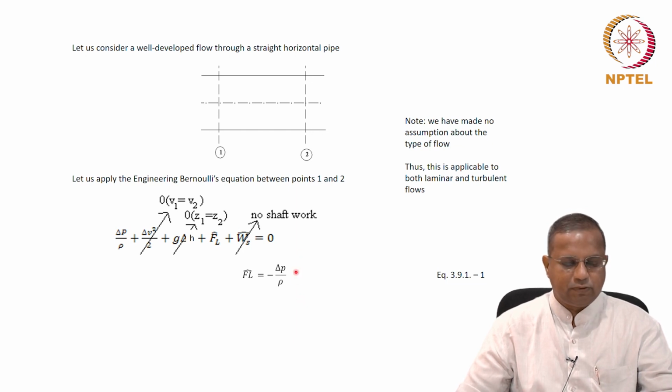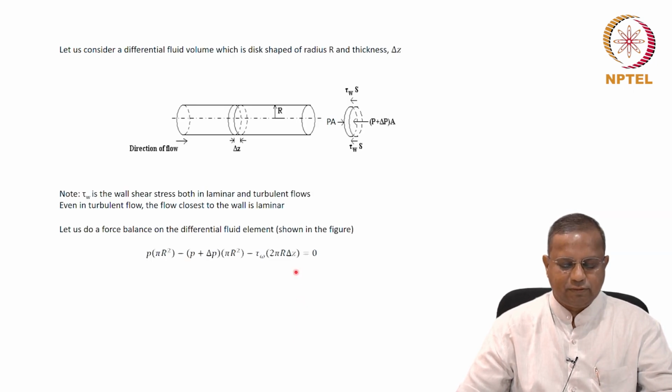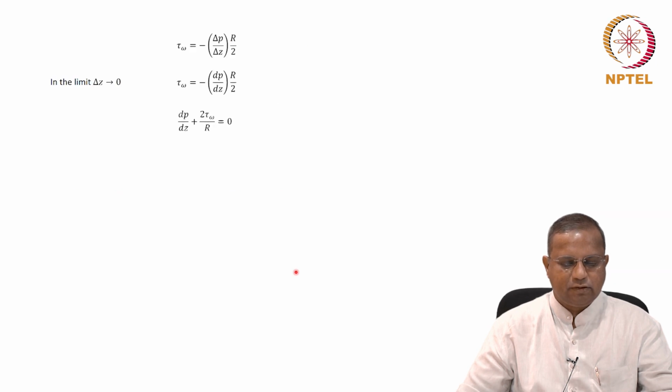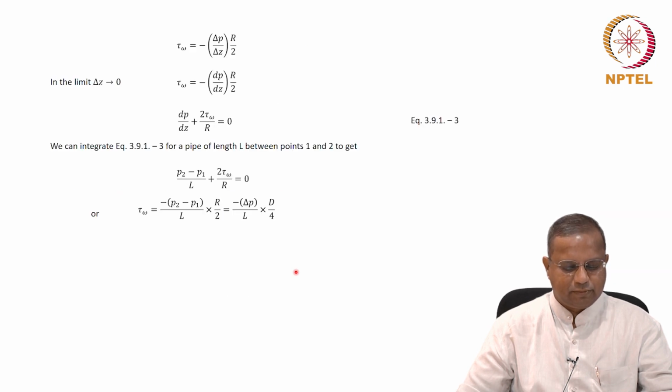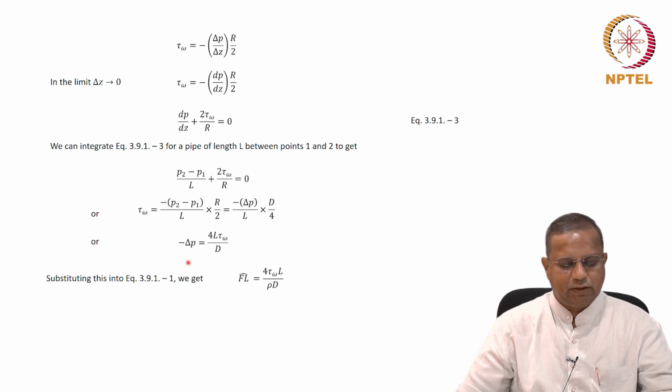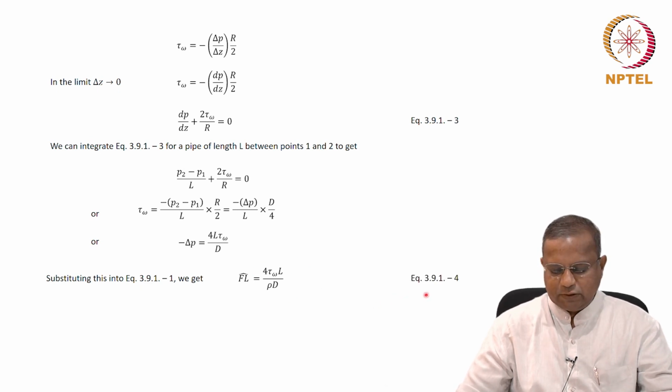And if we substitute whatever we have derived into this, we get FL hat, fluid frictional losses per unit mass, equals 4 tau W L by rho D. Okay. Minus delta P by rho is FL hat, minus delta P is this, therefore you get this. We'll call this equation 3.9.1-4.